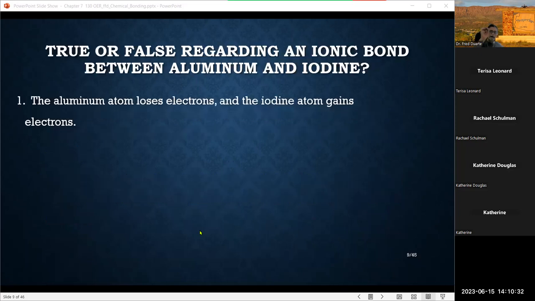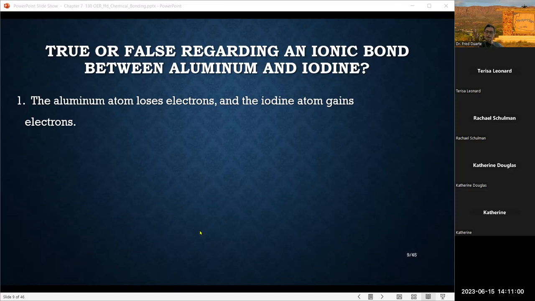So what we can say is the following true or false? It says the aluminum atom loses electrons and the iodine atom gains electrons. What do you guys think? True? True, yeah, exactly.